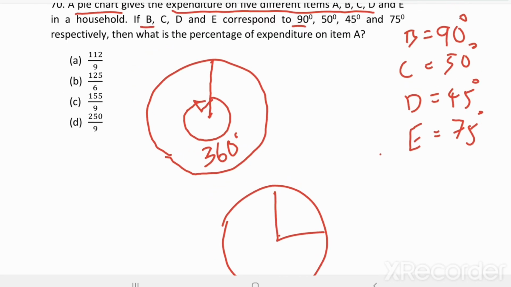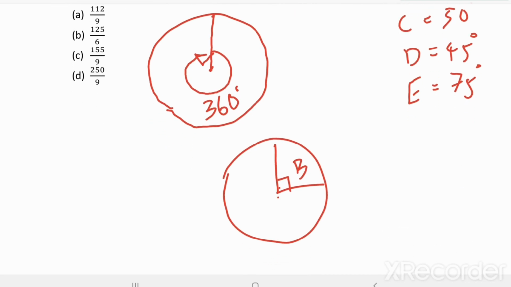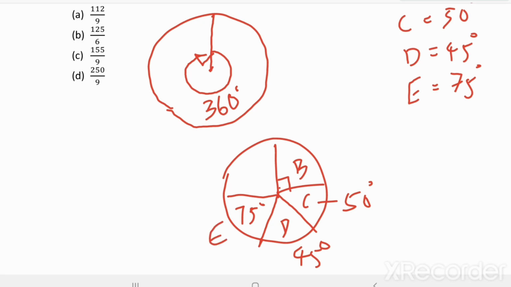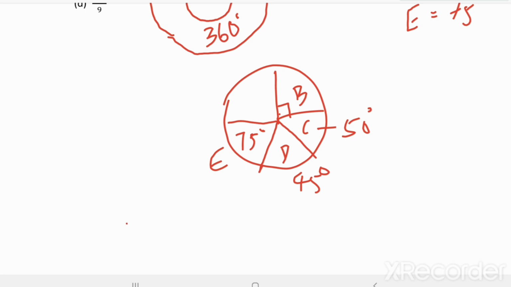This is B. C equal to 50 degree. D equal to 45 degree. E equal to 75 degree. This is E.